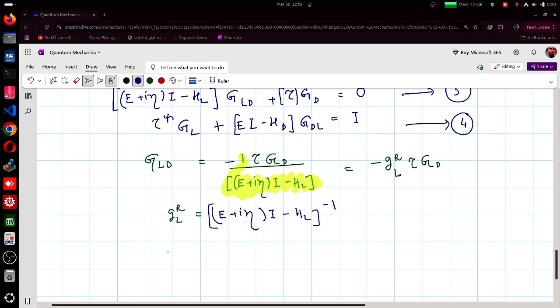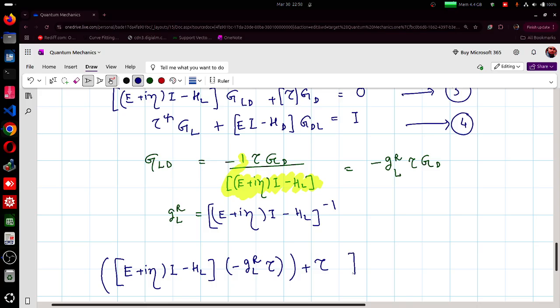So GLD can be written as E plus iota eta retarded minus HL, GLD means minus GLR tau, plus tau GD.